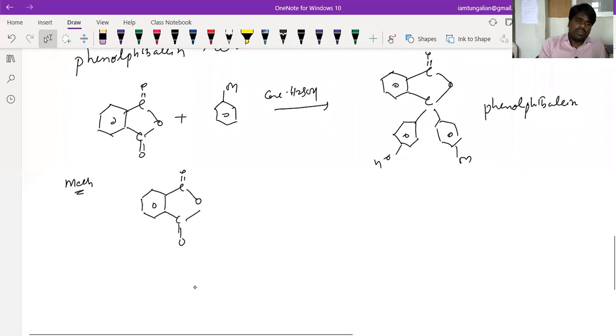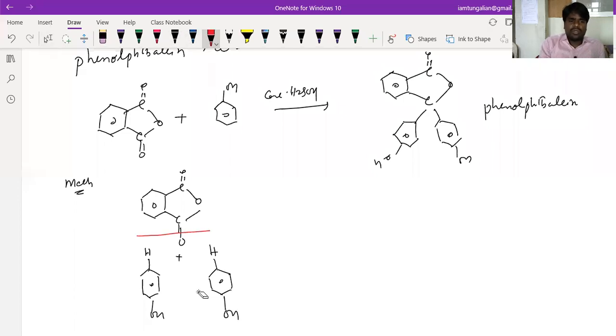Here it will react with 2 moles of phenol. In presence of acidic medium, removal of a water molecule takes place in presence of concentrated H2SO4, and it will form a compound something like this.